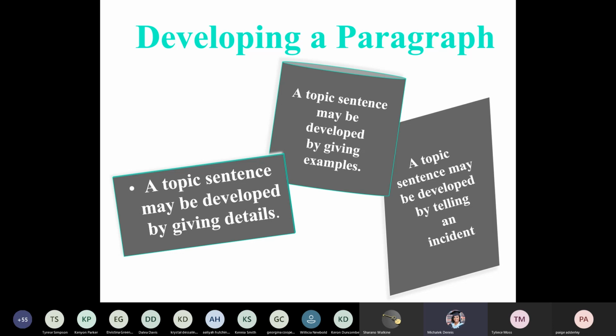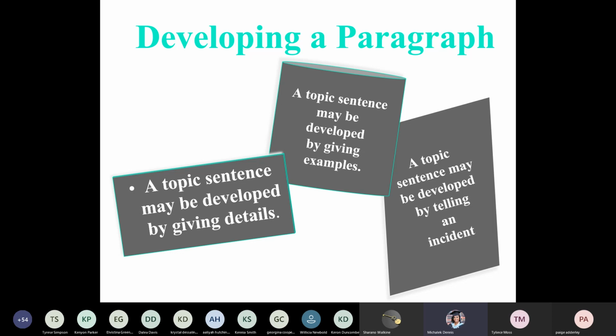Okay, so developing a paragraph. A topic sentence may be developed by giving examples. Can anyone tell me how else we are going to develop a paragraph? What else do we use to develop a paragraph, students? What are different things we use?